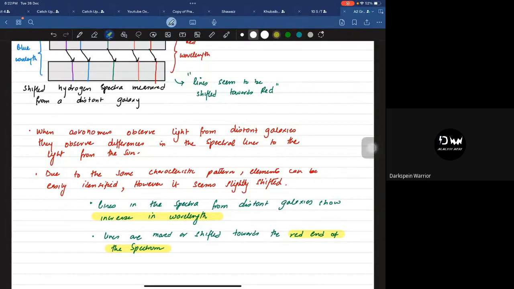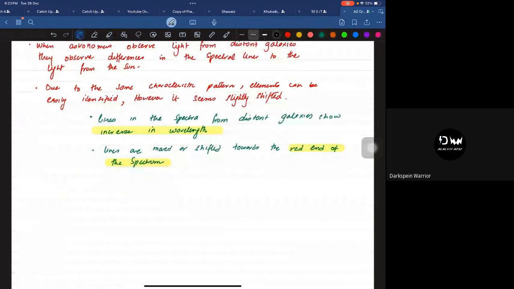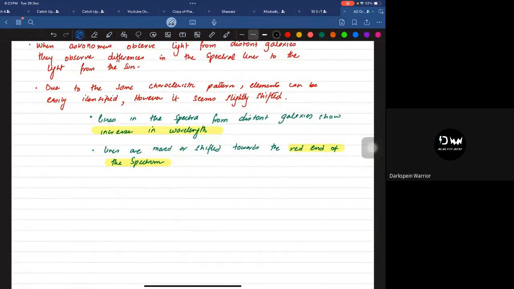Now the question is why this is happening. Because of Doppler's redshift. We've already done that in AS, but it was largely according to sound. This time we're going to look at it according to light.